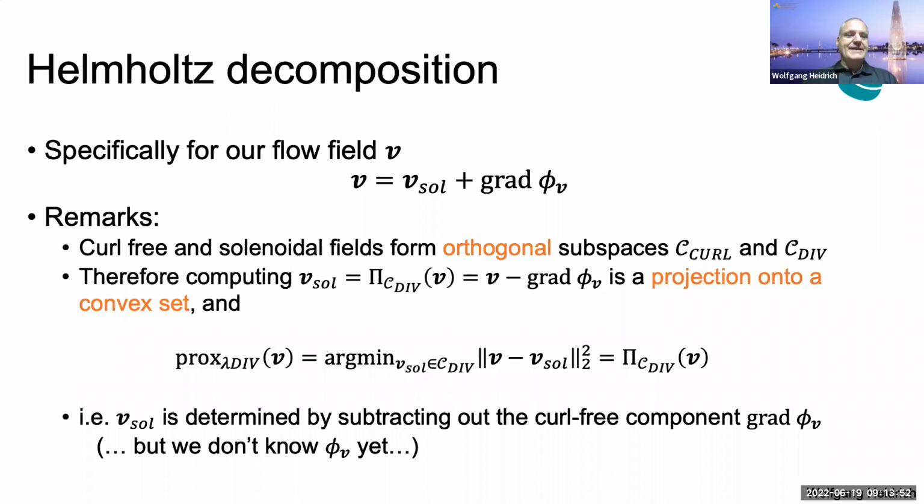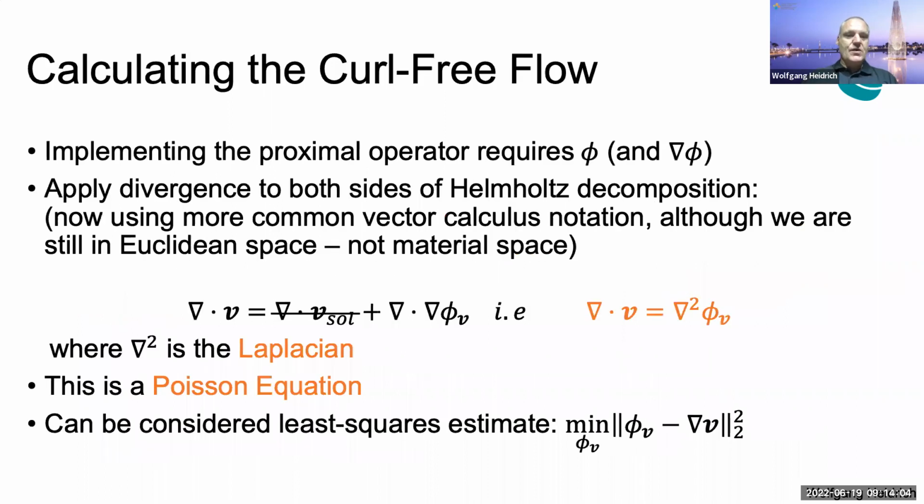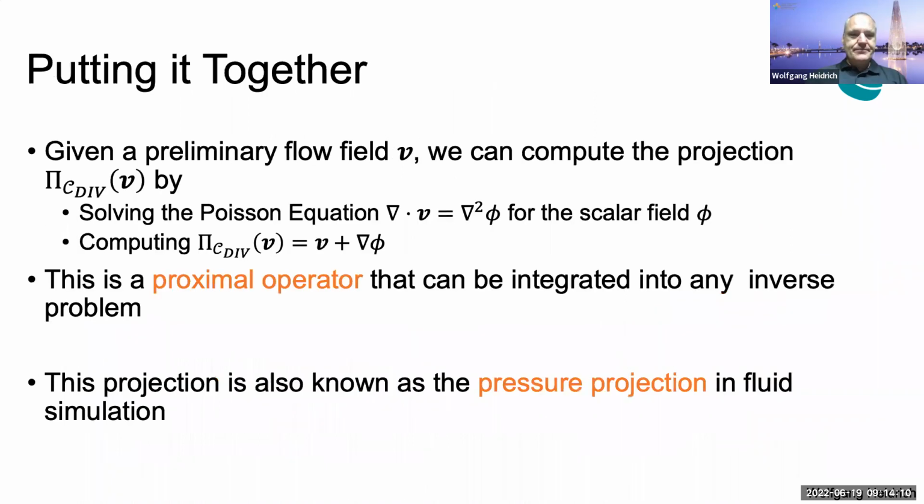Okay, and this can actually be expressed as a proximal operator. So it actually is very easy to integrate into any kind of optimization problem. Okay. So let me just fast forward through some of this. Let me just maybe skip straight to how we actually put this together.